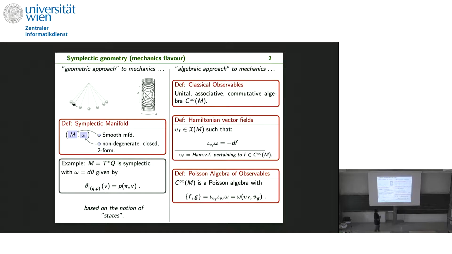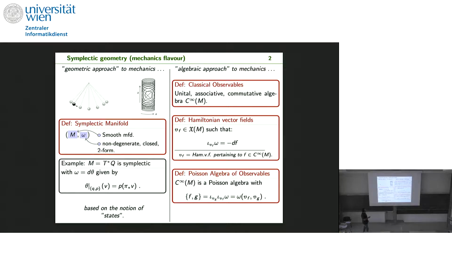And so you can associate to any smooth function a Hamiltonian vector field, and that's it. I mean, this is the logic. So out of the prescribed form, you can define a special class of Hamiltonian vector fields pertaining to any smooth function.